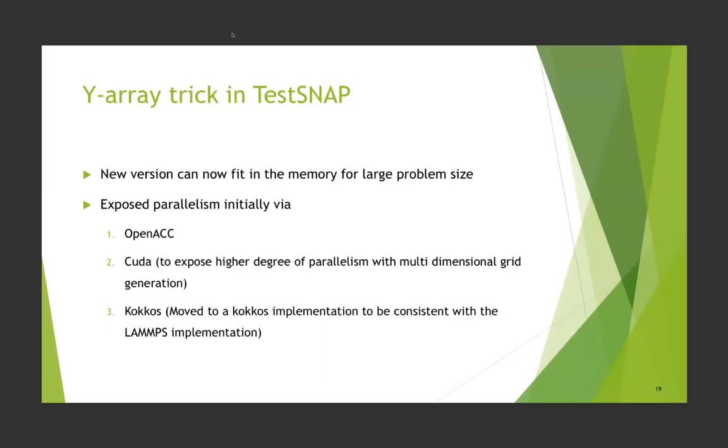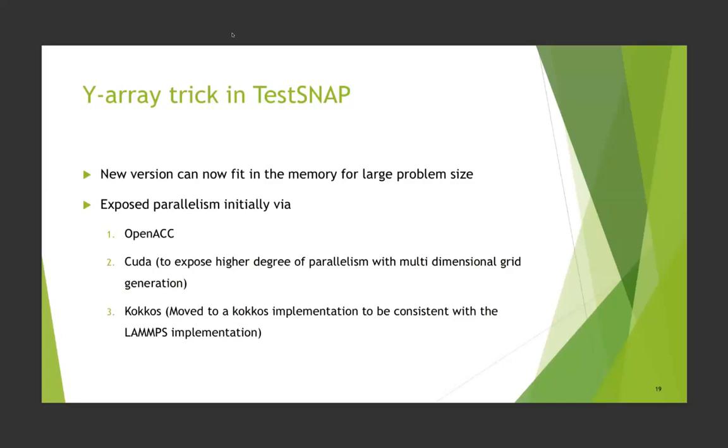At this point, I just want to mention that we went through a lot of different frameworks to expose the parallelism on the GPUs. Initially we started with OpenACC because it was much easier to start there. We could just distribute the atom and neighbor loop across the thread blocks and threads.